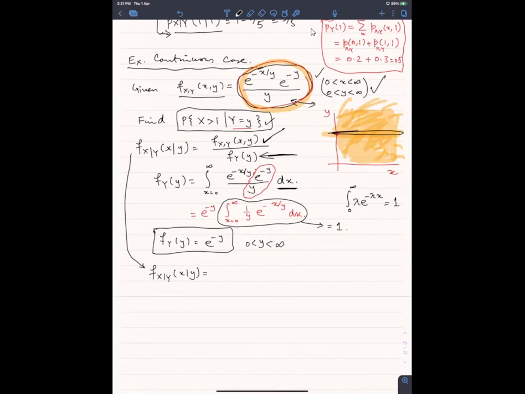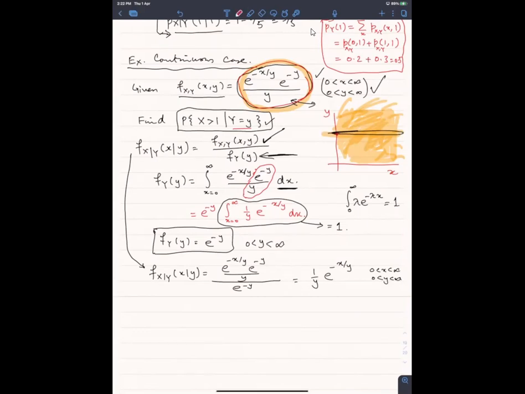So just take the ratio of the two, and you will end up getting e to the minus x over y times e to the minus y divided by y, and divide all of this by e to the minus y. So this would turn out to be 1 over y e to the minus x over y, for x from 0 to infinity and y from 0 to infinity.